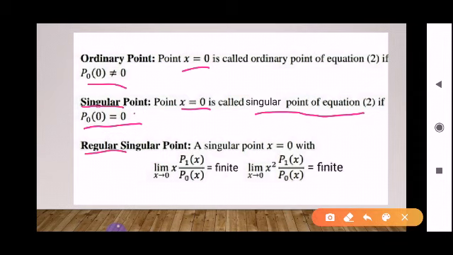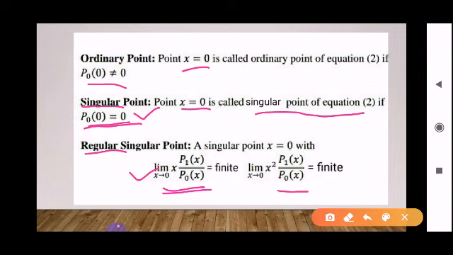So a regular singular point is first a singular point, means p0 of 0 is equal to 0, with limit x tends to 0. This is important. If limit x tends to 0, x into p1 of x upon p0 of x is equal to a finite term, and also limit x tends to 0, x square into p2 of x upon p0 of x is equal to a finite term.